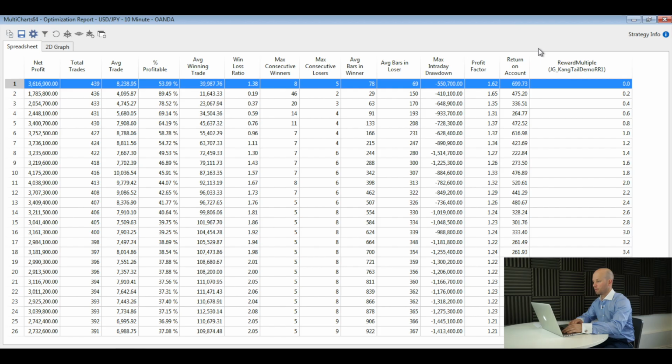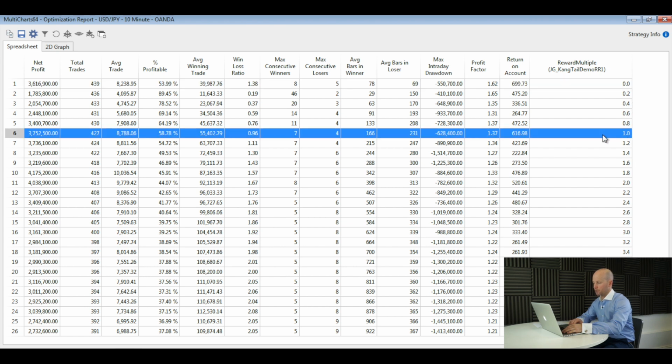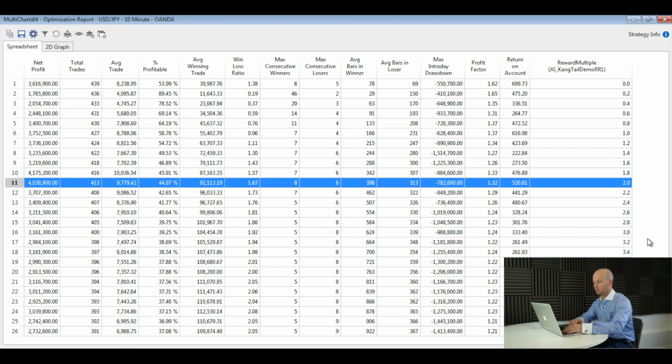Here are the results. In the far right column, we've got 0, and then 0.2, 0.4, and so on, so 1 is using a 1-to-1 reward to risk, 2, etc. Now, so we can visualize these results a little better, I've put them in a bar graph, which gives us a better idea. So let's have a look at that.